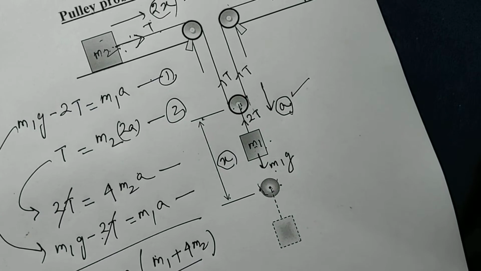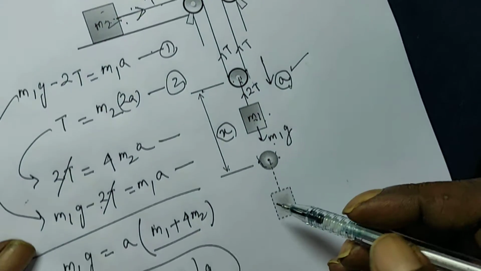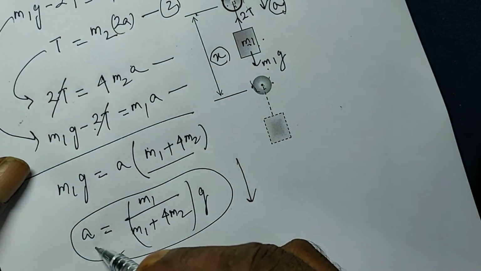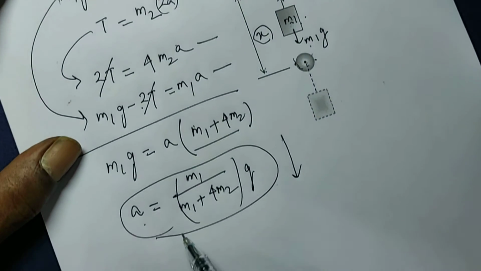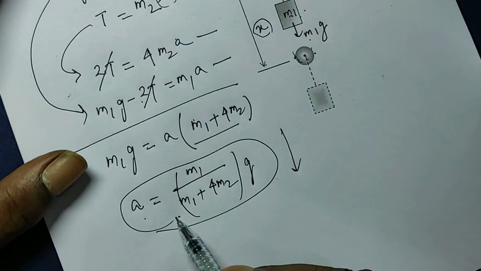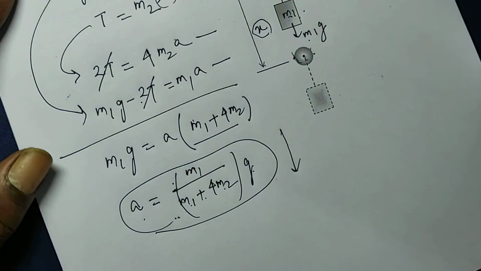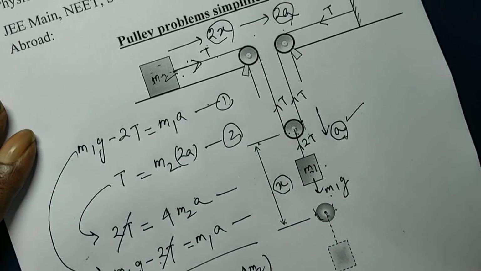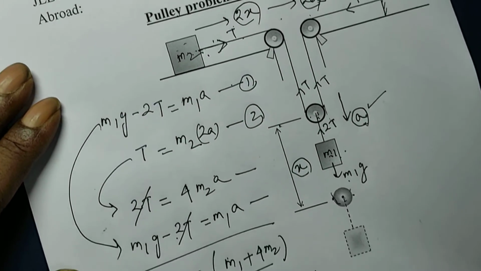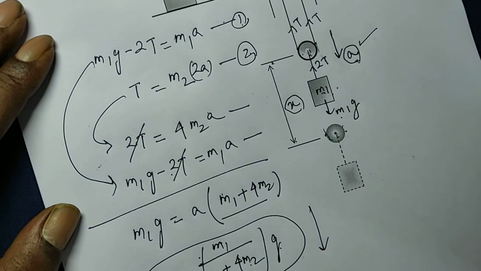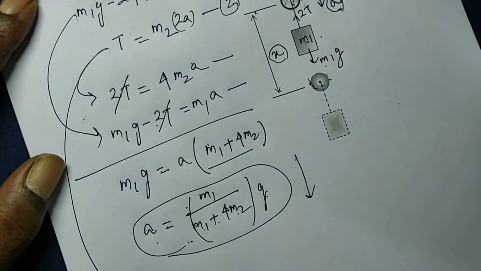So the acceleration of the pulley along with this mass M1 will be a, and the acceleration of this mass towards the right will be 2 times this, meaning 2 M1 over M1 plus 4 M2 times g. Now to find the tension, we have to put the value of this acceleration either in equation 1 or in equation 2. But in equation 2 it will be easier, so let me put it in equation 2.